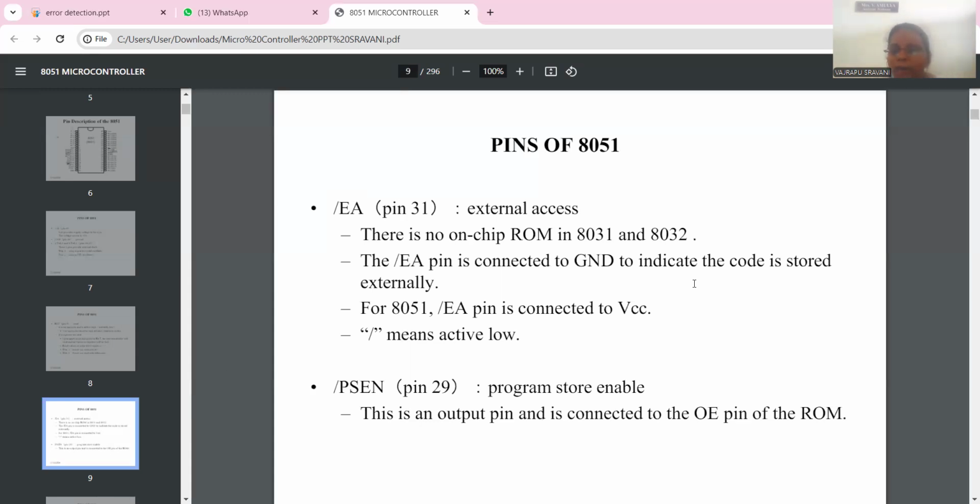It won't operate for the internal RAM. Internal ROM is not selected, and only external ROM is selected by using EA bar.